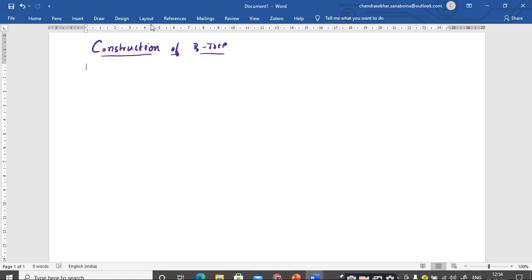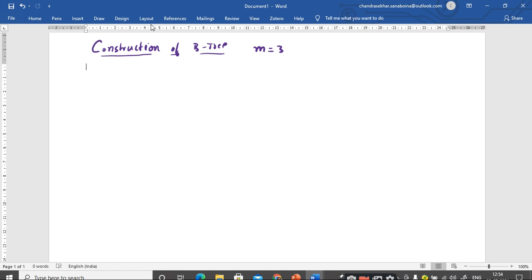So what order will we take? Let us take the order m is equal to 3. What do you mean by a B tree of order m is equal to 3? Every internal node has a maximum of 3 children. Right.